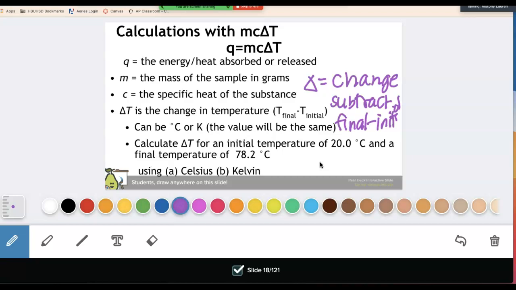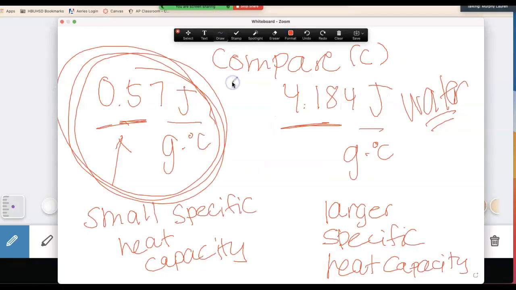Okay. So if I wanted to calculate the delta T, or change in temperature, for an initial temperature of 20 and a final temperature, excuse me, of 78.2, we're going to calculate this in Celsius first, and then I'm going to show you what the difference is if it were in Kelvin. So final temperature minus initial temperature.